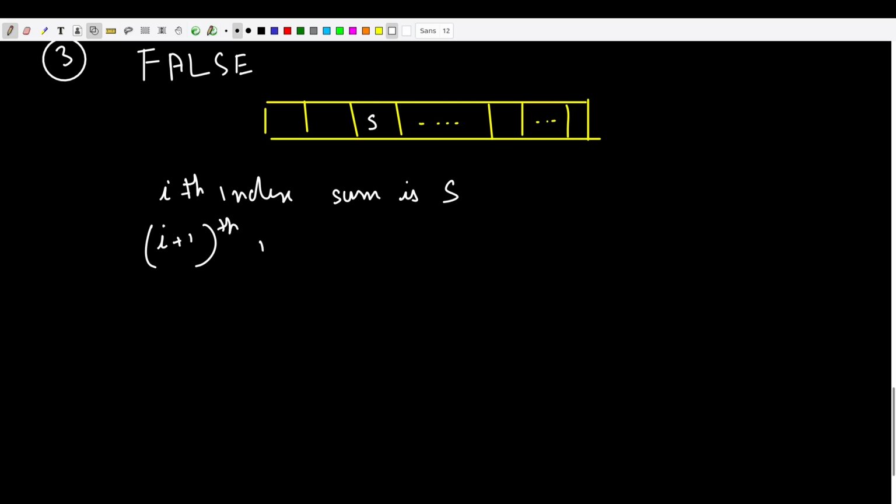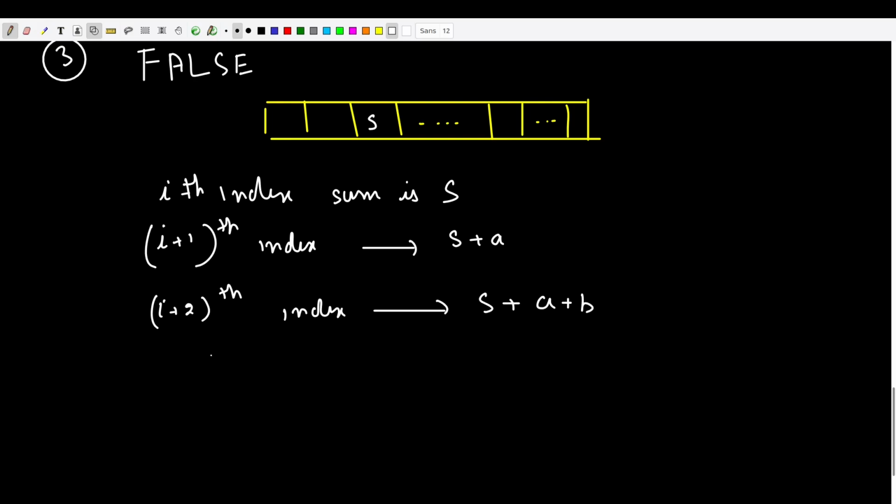There exists an element A, so the sum becomes S plus A. Similarly, at the I plus 2th index there exists another element B, so the sum becomes S plus A plus B.